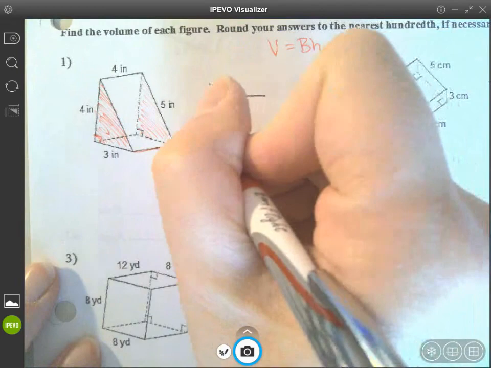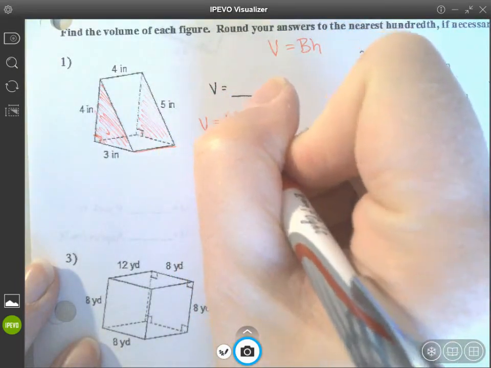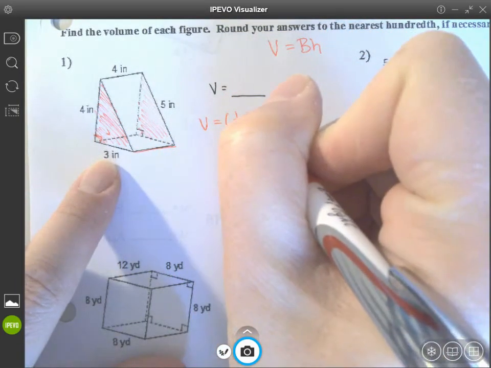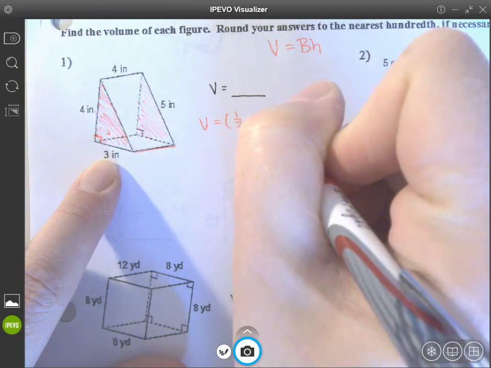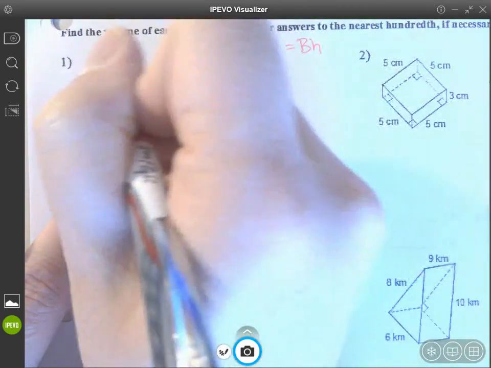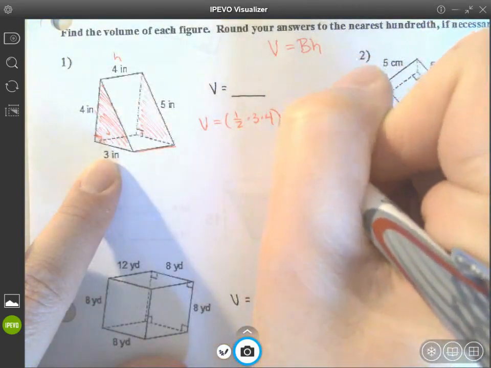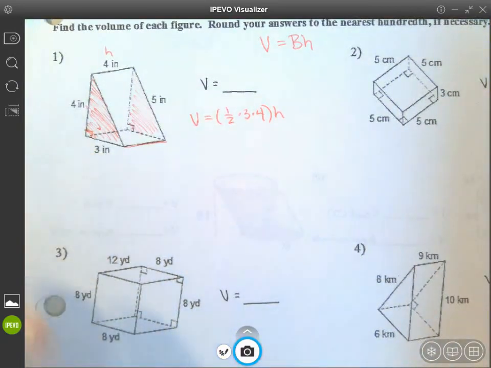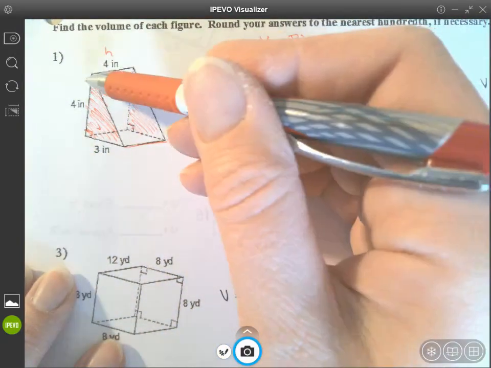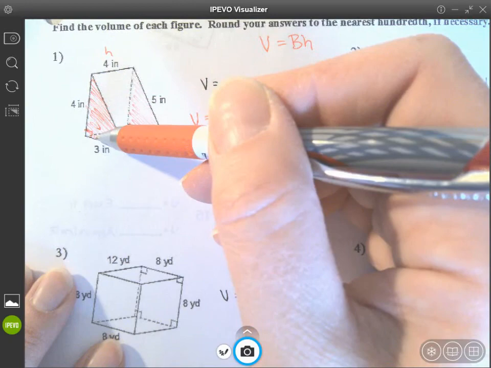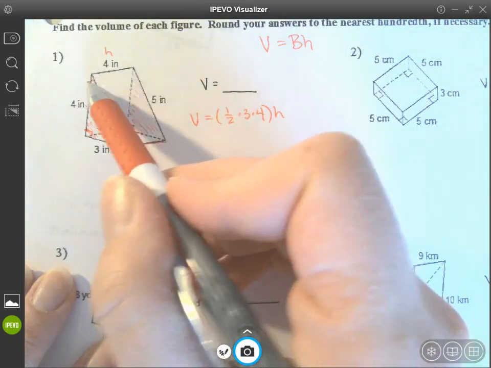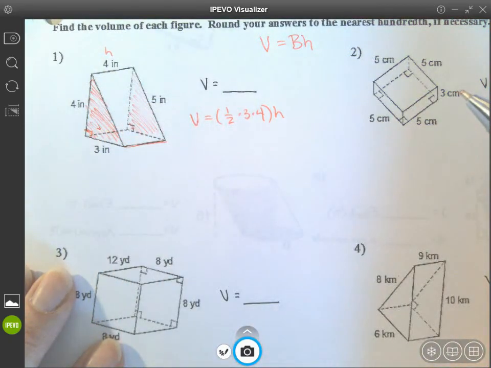So for this one, the area of the base is 1/2 times 3 times 4, times the height of the figure, 4. So you have two heights going on here: the height of the triangle, the two-dimensional figure, and the overall height of the prism.